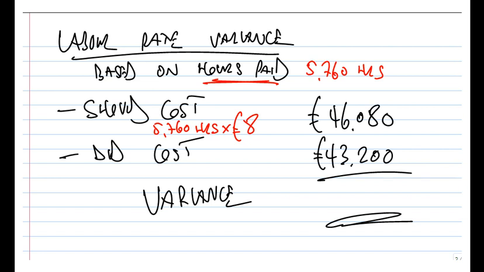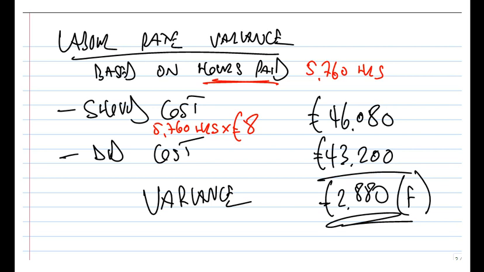You can see we've clearly spent less than that. I think that's therefore going to give me a favourable variance. The actual amount spent was only £43,200. We've clearly not paid our staff as much as £8 per hour. And the variance is just the difference between the two numbers. My difference here is £2,880 favourable on labour rate. So I've paid less than I expected to my staff for every hour that they've worked.